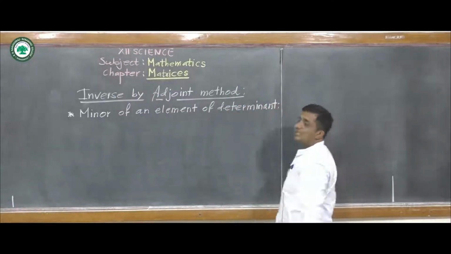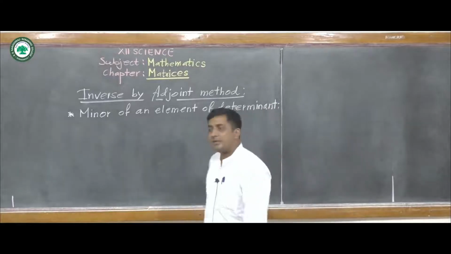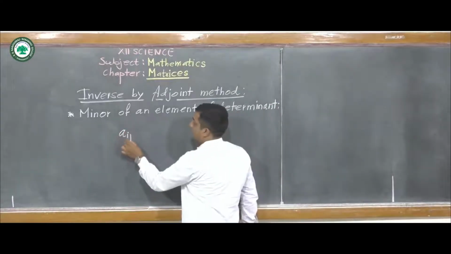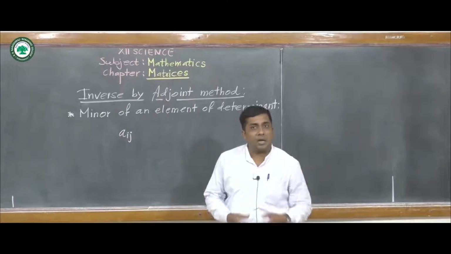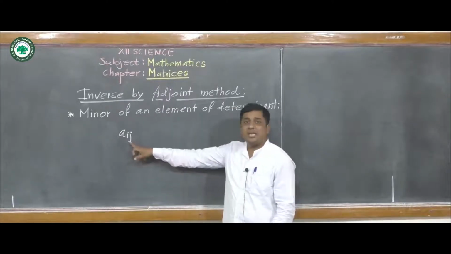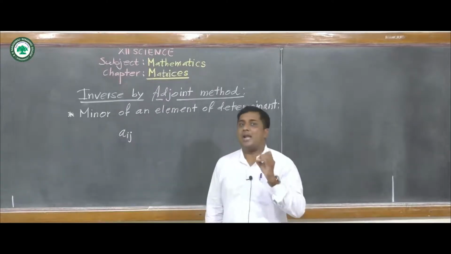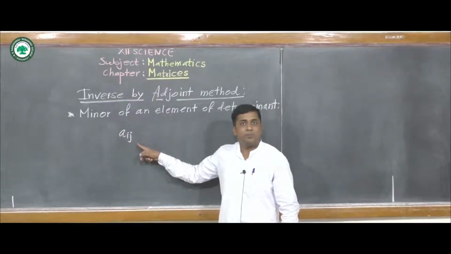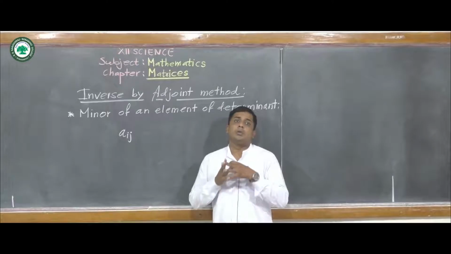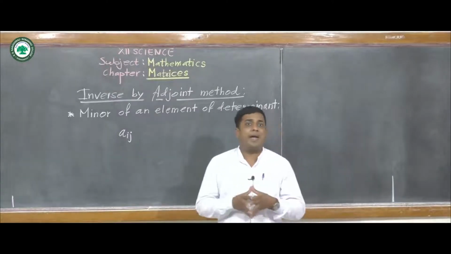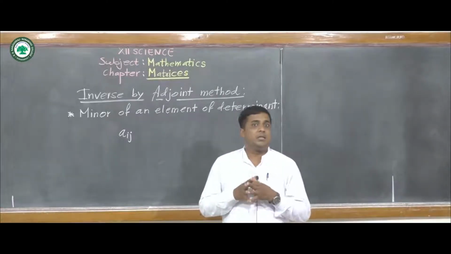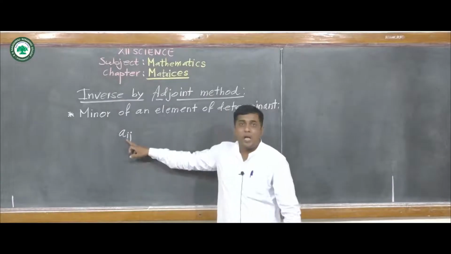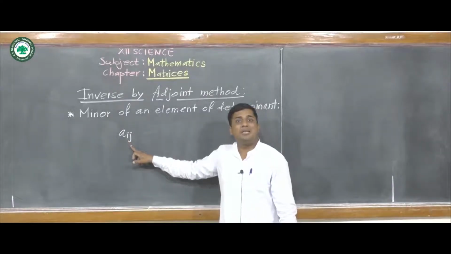To define this concept, we consider one element. Let Aij be the given element from the determinant. This Aij is in the ith row and jth column. To find the minor of the element, we delete the ith row and jth column from the determinant.